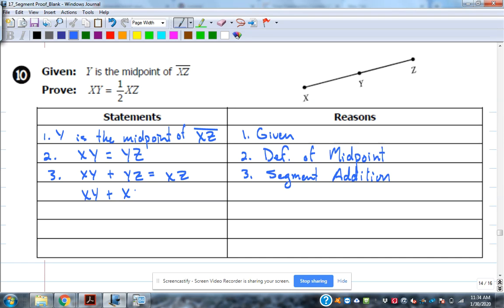No. We don't have a segment subtraction postulate. Why would you write XY twice and not 2XY? We only have a segment addition postulate. So we're replacing the YZ with an XY. And that's going to be by substitution.